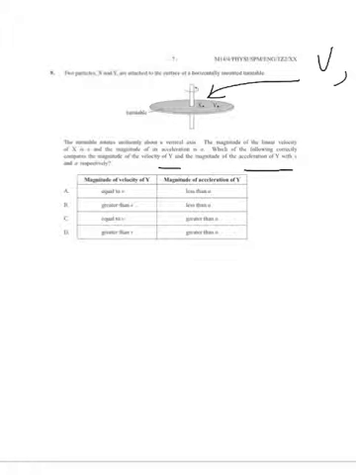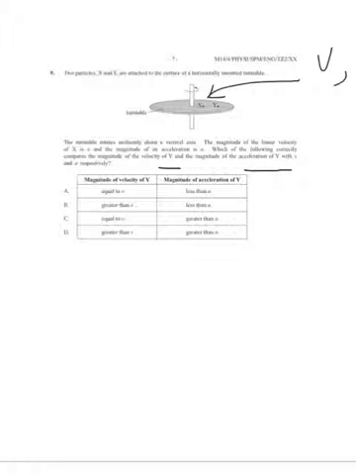So if we imagine this is a plan view, we have X and we have Y. Now as they spin, the time that it takes X to get around once is the same as Y. Okay, so their period is the same.